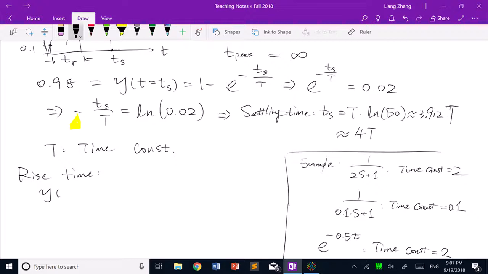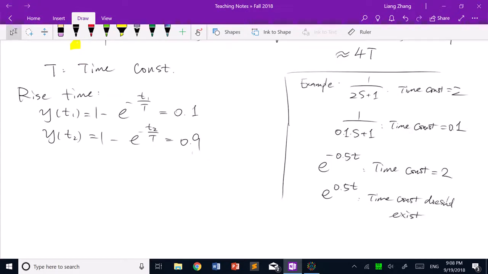So we calculate these two points. The first point, t1: 1 minus e to the negative t1 over T, and we let it equal this 10% point. And the second time point, the signal goes to 90%, so 0.9.